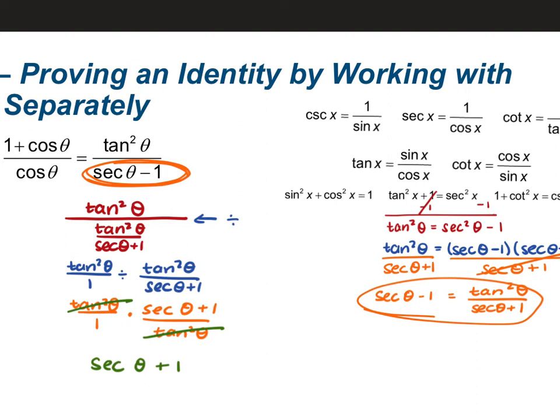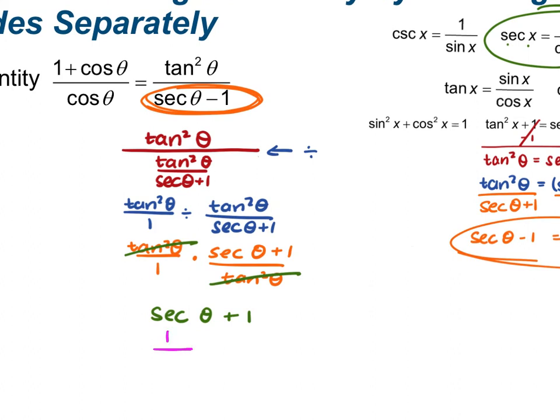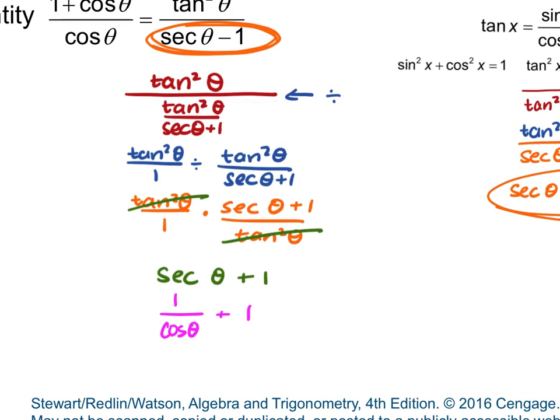From here, secant is equal to what? Secant theta. Look at your basic identities. Secant x is equal to 1 over cosine x. So change it into cosine. This is going to give us 1 over cosine theta plus 1. You need like denominators in order to combine your fractions. This 1, which is really 1 over 1, gets multiplied top and bottom by cosine theta.